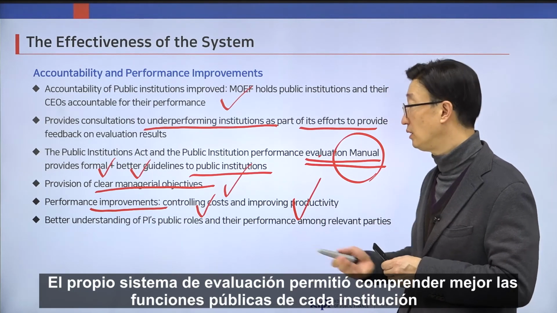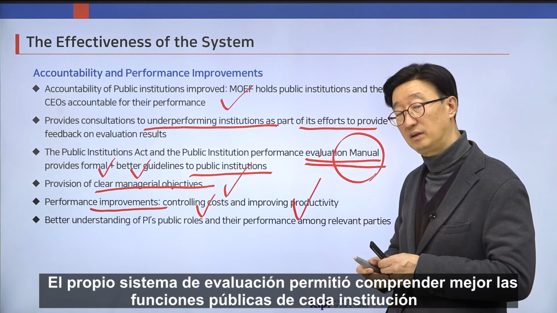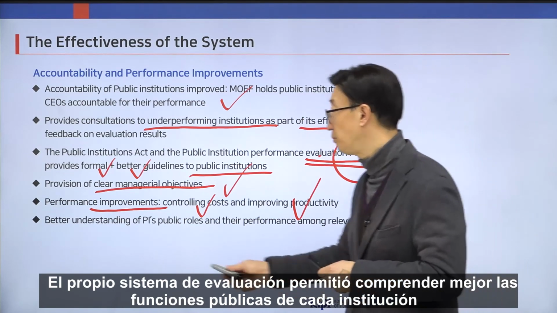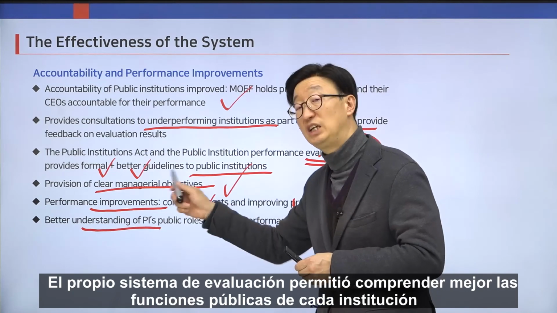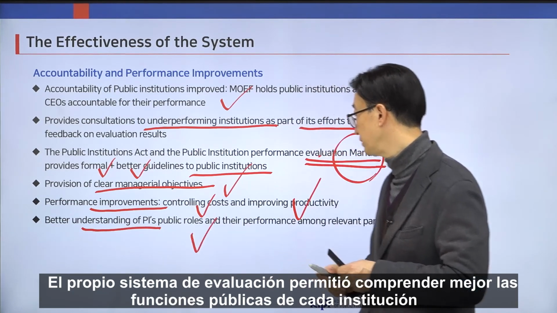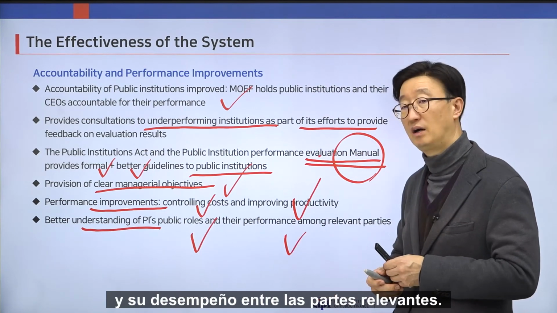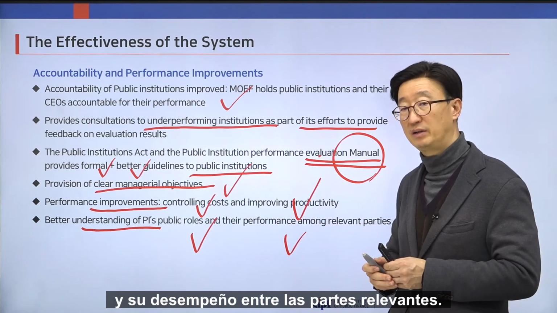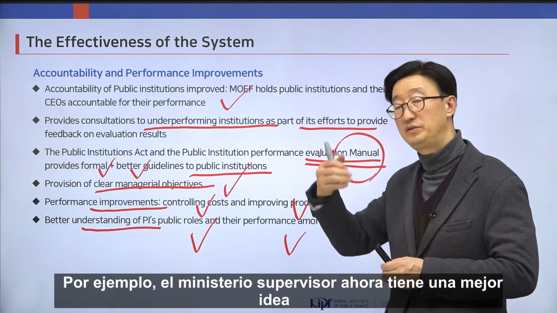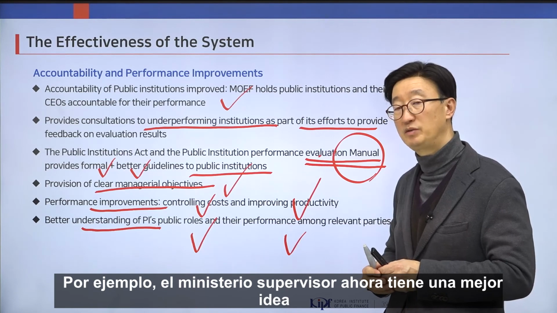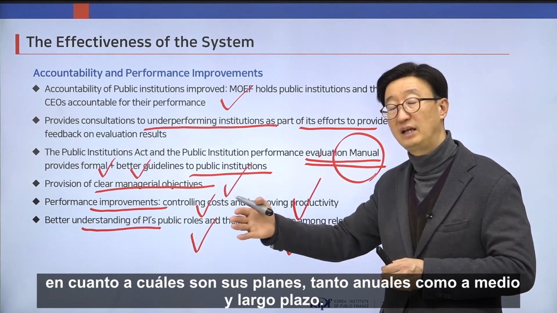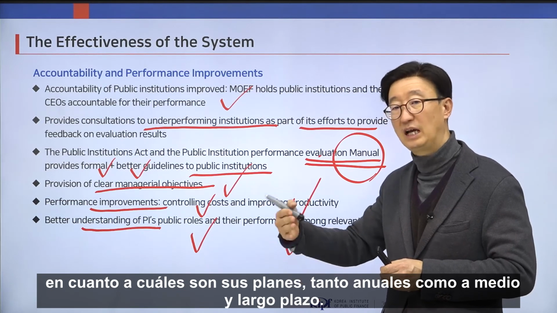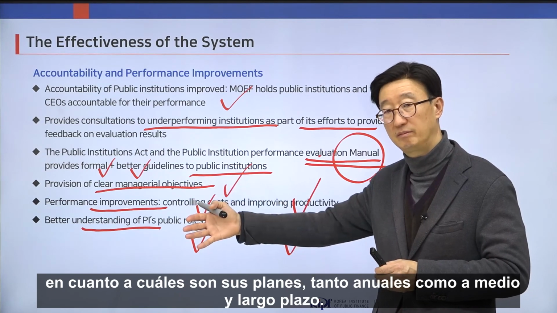And overall, the evaluation system itself enabled a better understanding of each institution's public roles and their performance among relevant parties. For instance, the supervising ministry now has a better idea of what their plans are annually as well as medium to long term.